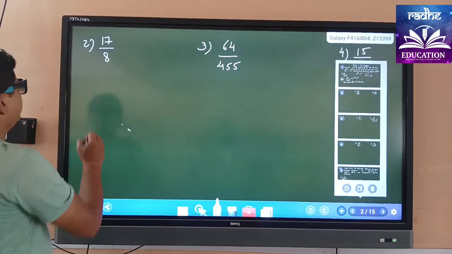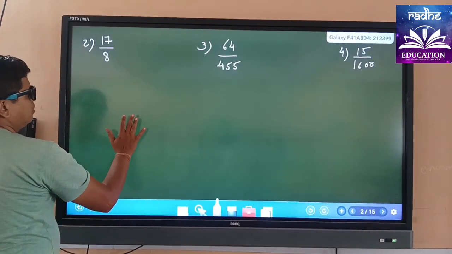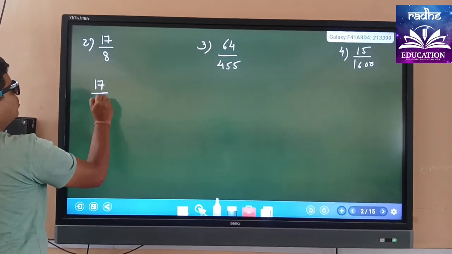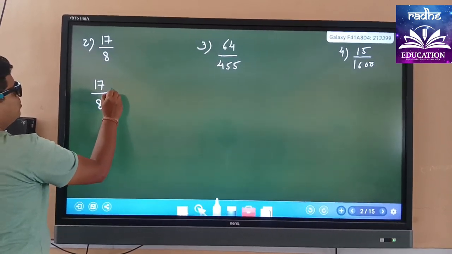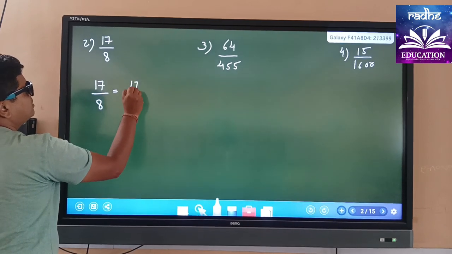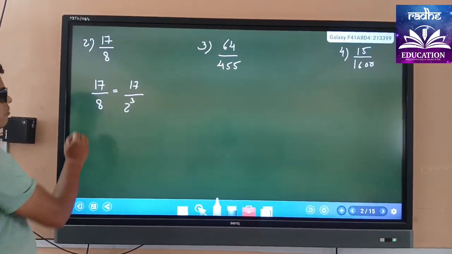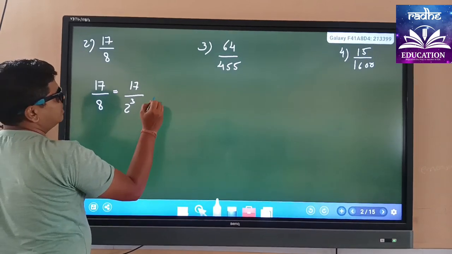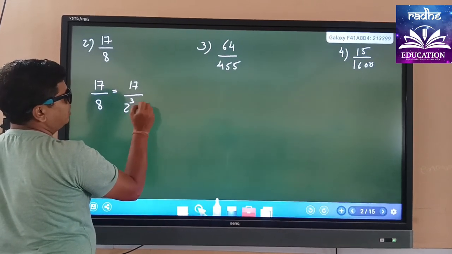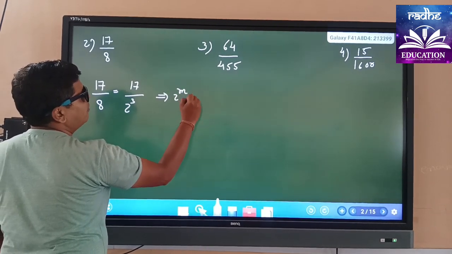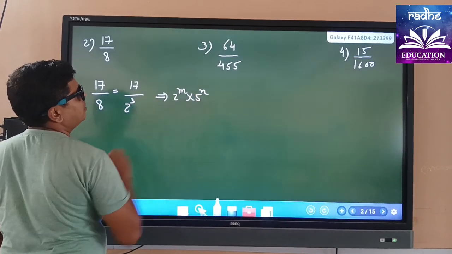We have another number, that is 17 by 8. We are focusing on the denominator, that is 8. So 8 we can represent by 2 raised to 3, correct? 5 is not there, but we have to represent every denominator in the form of 2 raised to m into 5 raised to n.